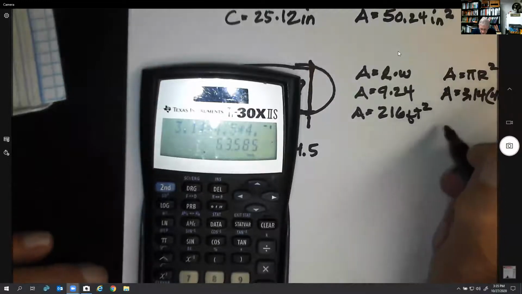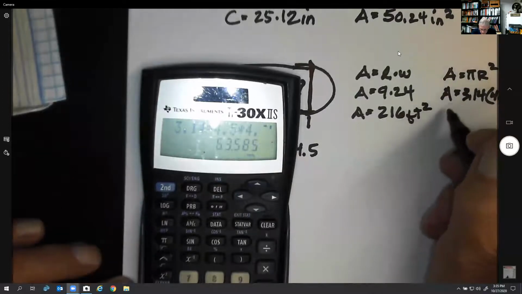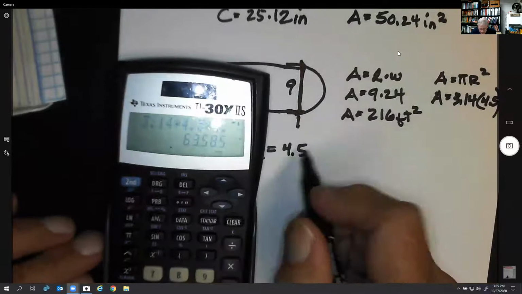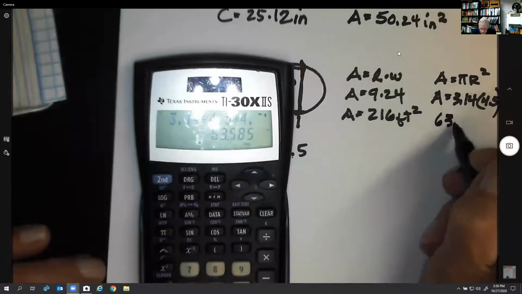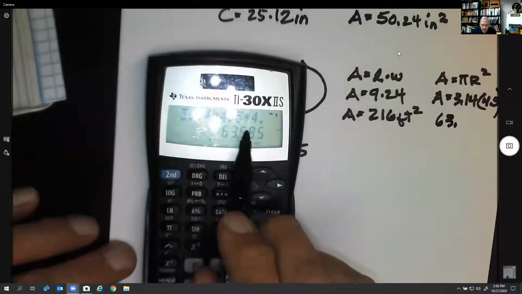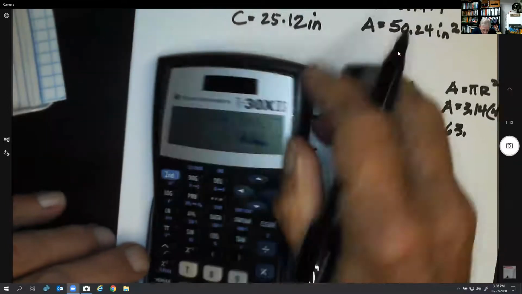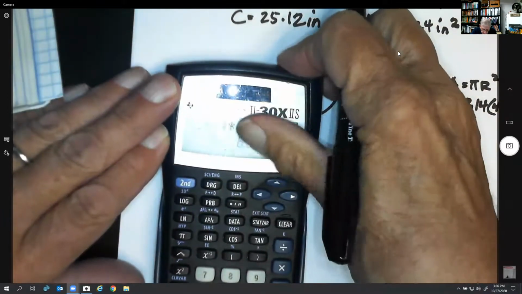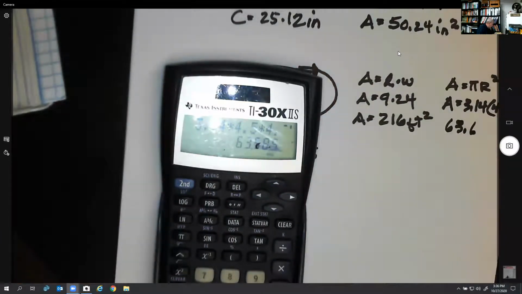And how many places I want to go out, I don't know. Maybe 1 decimal place is all I got, because this only went out 1 decimal place. So let's call it 63 point, and I'm going to round this up, this 5/8 to a 6. Okay, 63.6.